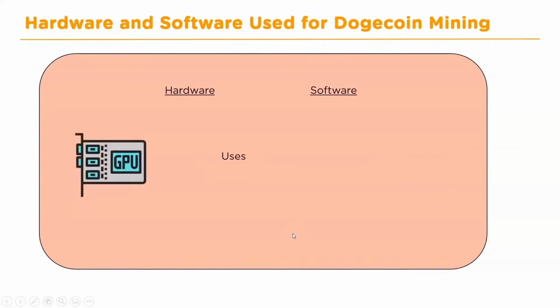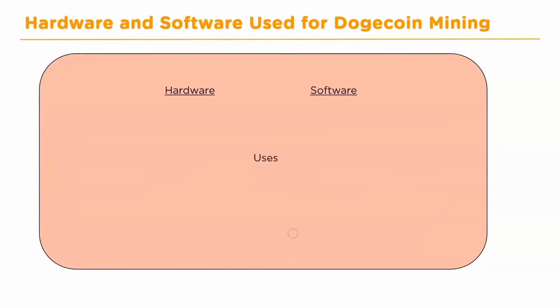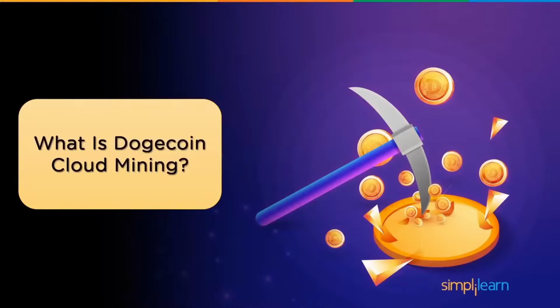Some of the best software is CUDA Miner, which works perfectly with NVIDIA products, CG Miner, which works with most GPU hardware, and Easy Miner is considered suitable for beginners. Scrypt ASIC miners are considered to be very powerful hardware, and MultiMiner is excellent with this hardware.